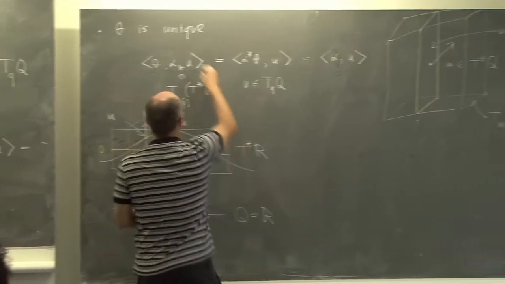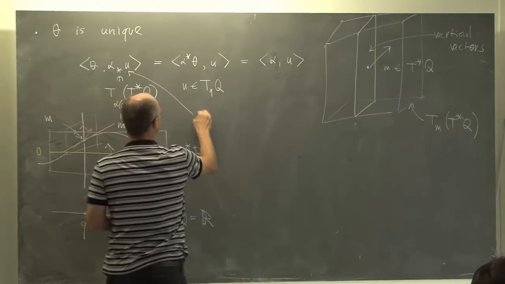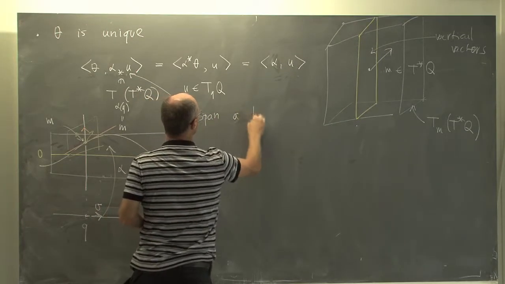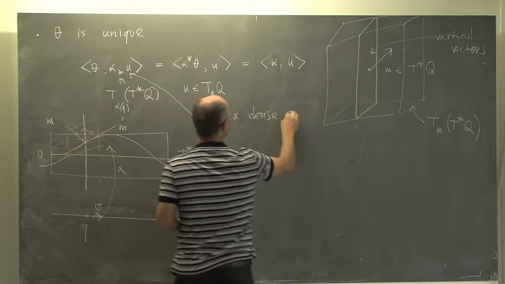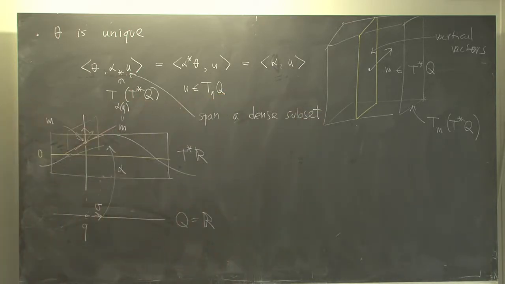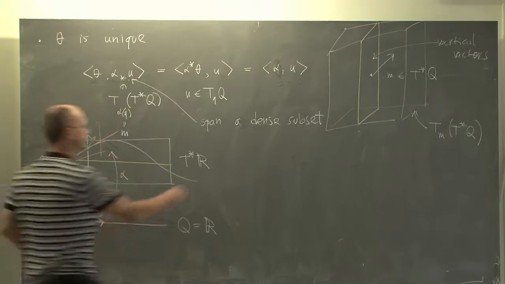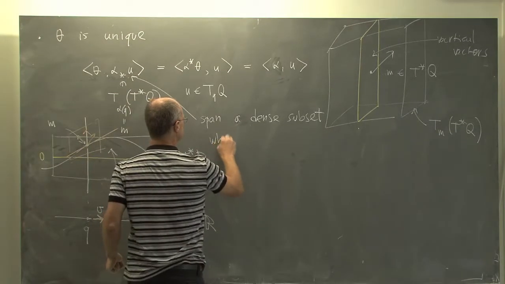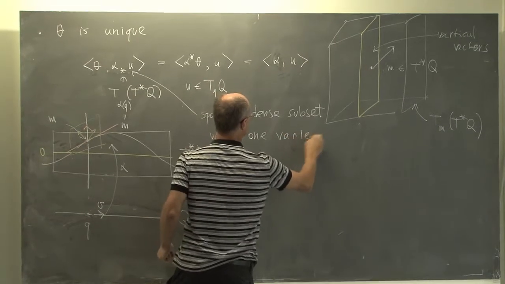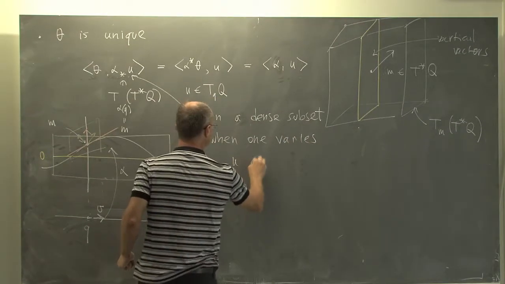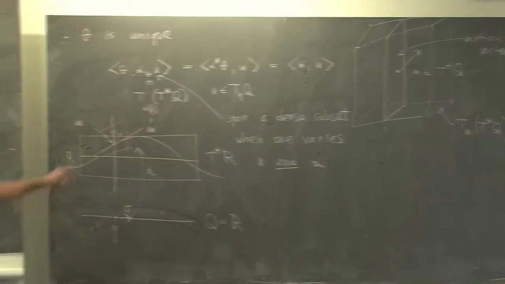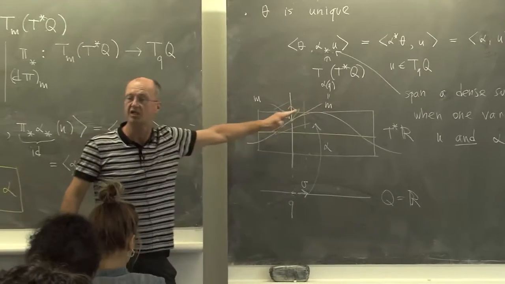So these vectors span a dense subset when one varies u and alpha. Of course, if I only vary u, then typically you see here I would only get a line.